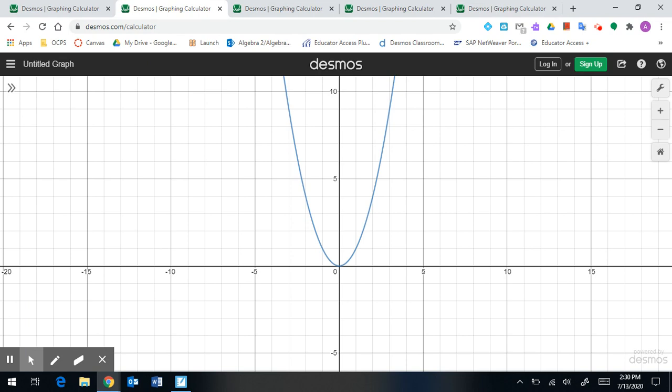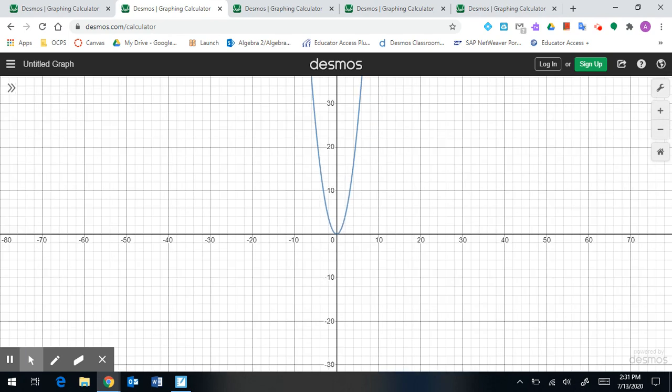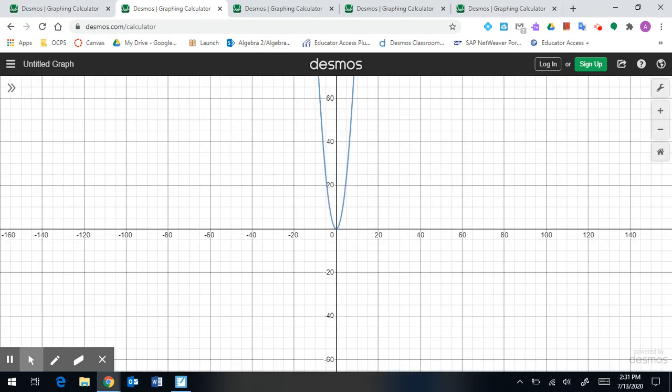Range, we always start at the bottom and we work our way up, least to greatest. Now, looking at the screen, I can actually point to the starting point of this parabola. If I zoom out, you can see that this parabola does not exist down here in the negative y values.